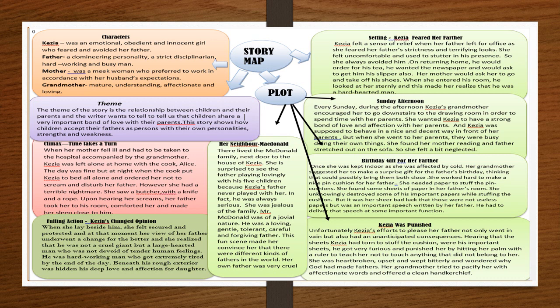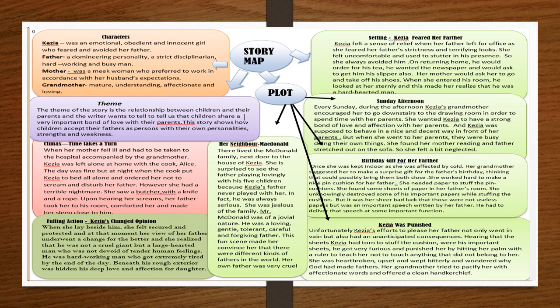Now, talking about the characters, we already know Kezia is the protagonist who was an emotional, obedient, and innocent girl who feared her father and even avoided him. Kezia's father was a domineering personality, a strict disciplinarian, and a hard-working and busy man. Talking about her mother, she was actually a meek woman who preferred to work in accordance with her husband's expectations.